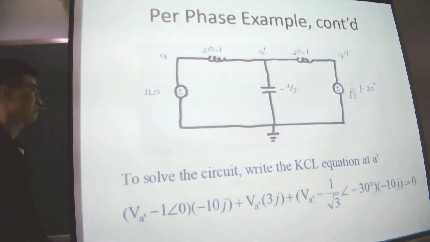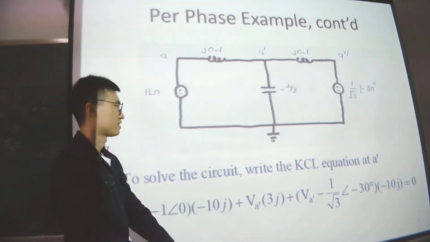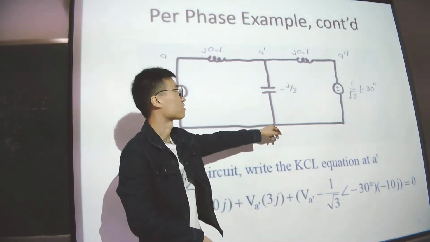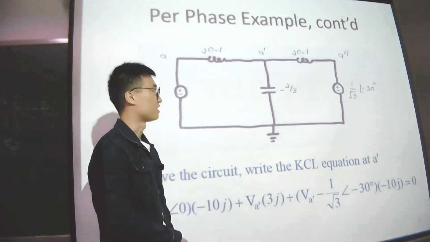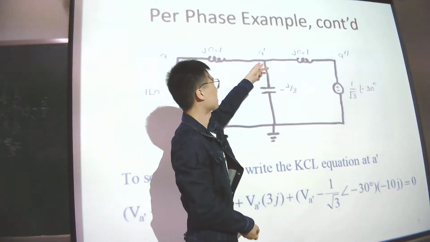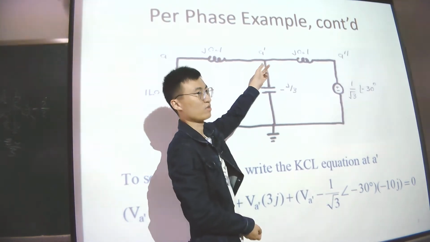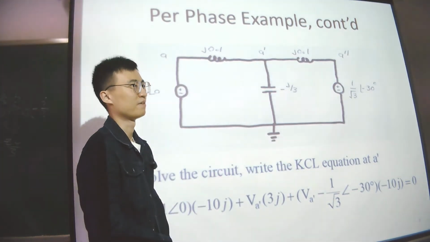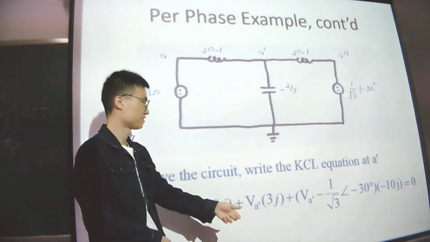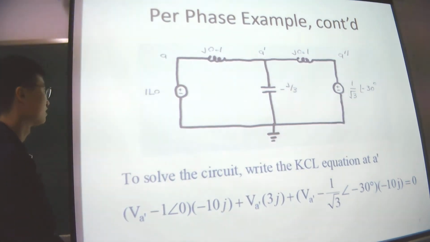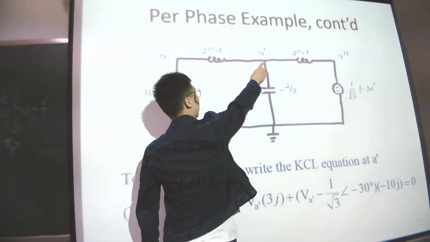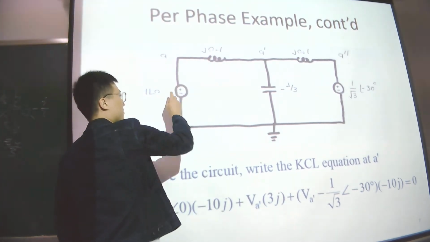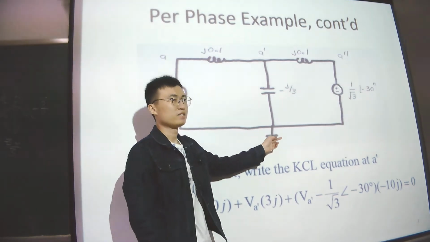Okay, so in this very simple situation, with KCL, you know we can just focus on phase A. At that point, the sum of these three currents should be 0. The voltage here minus here. So this is the ground.